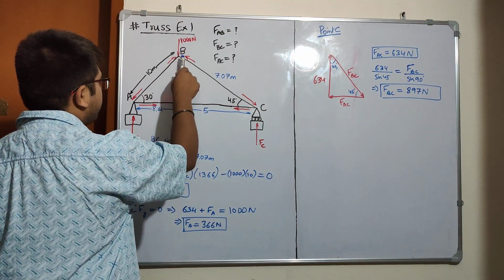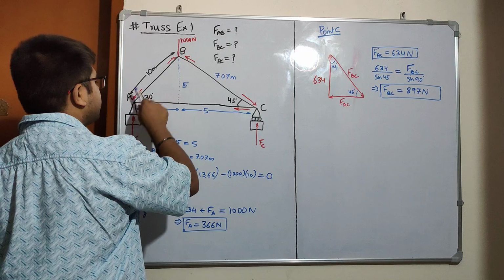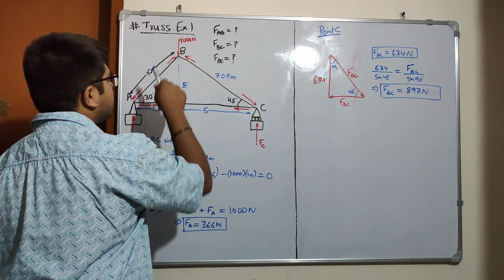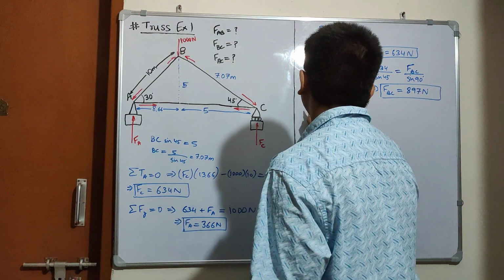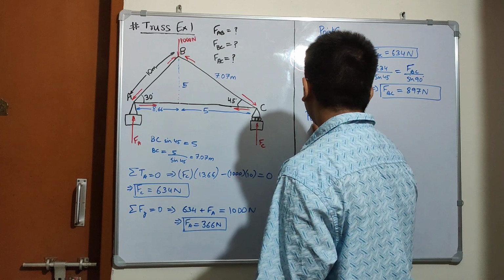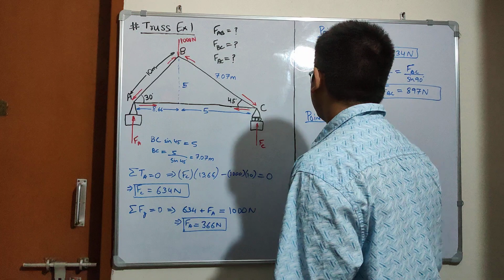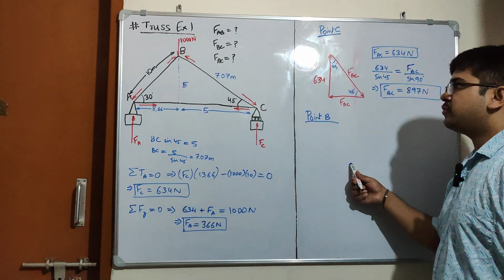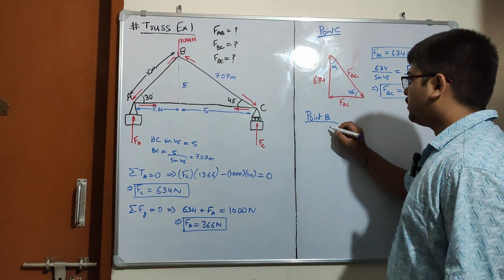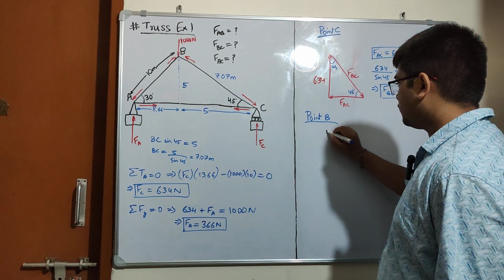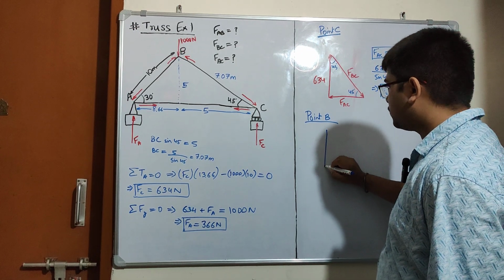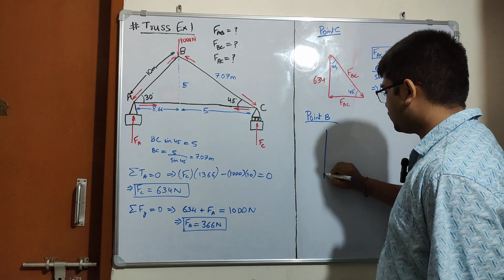To find FAB, you can take this point or this point. I'll take this point. So point B. The forces acting on point B are in these directions. In the downward direction, you have 1000 newtons.